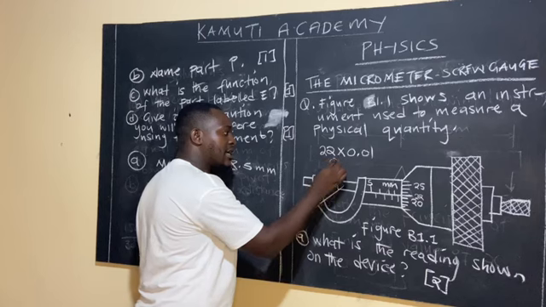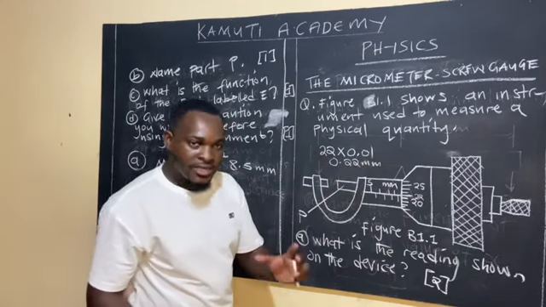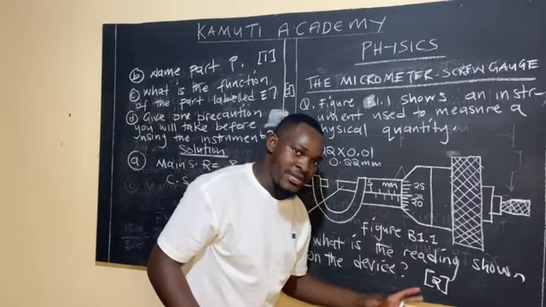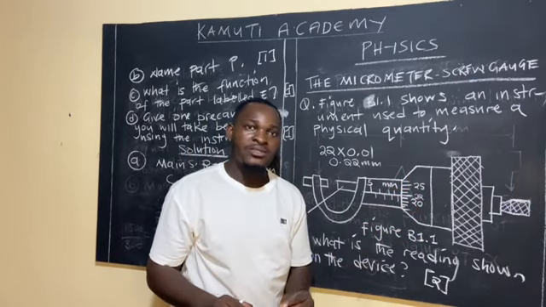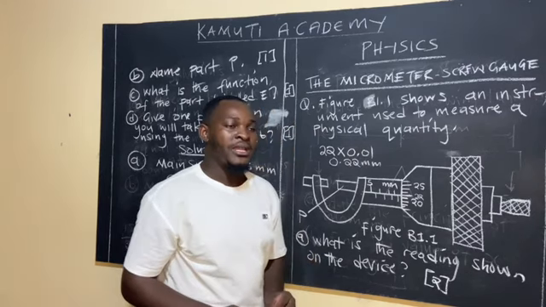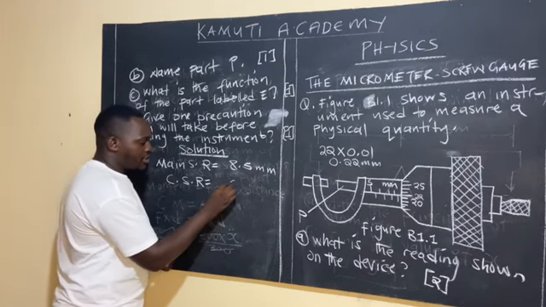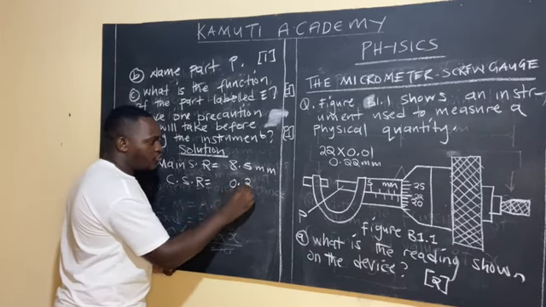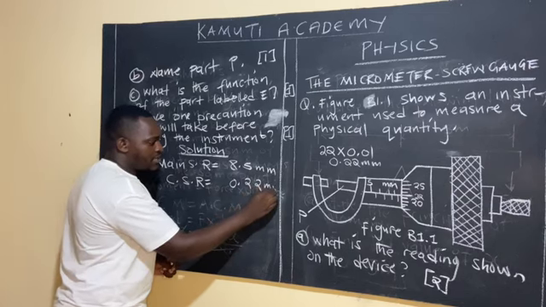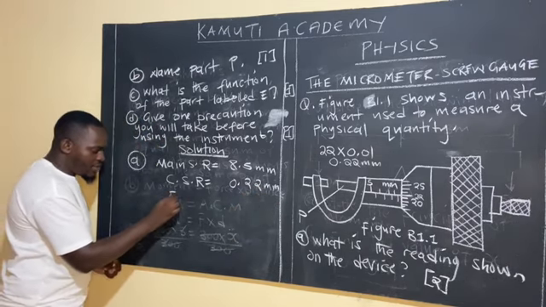We'll get our answer 0.22 millimeters. So always from the circular reading, you don't get your result the way you found it. You multiply it by 0.01. Right, so we're going to write the value here to be 0.22 millimeters.